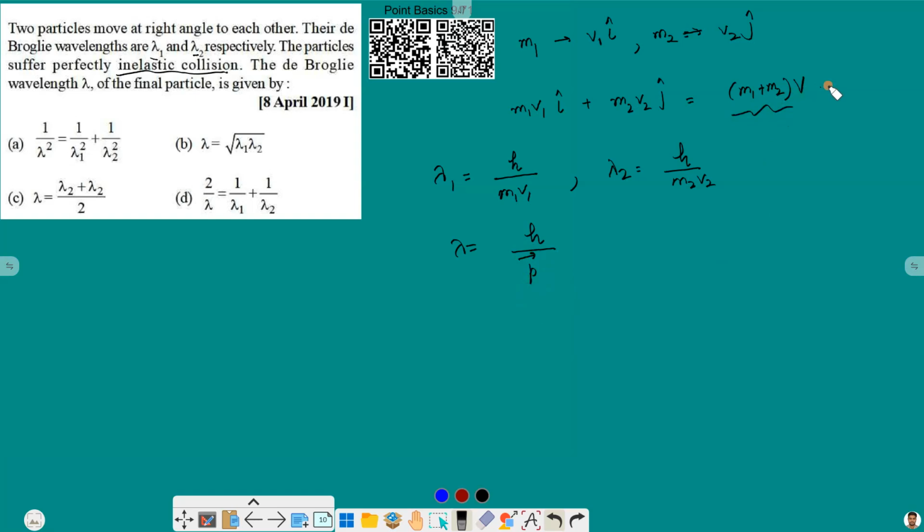Now this term is equal to the final momentum, and if I calculate the magnitude from these two, it will become h by under root of m1 square v1 square plus m2 square v2 square.